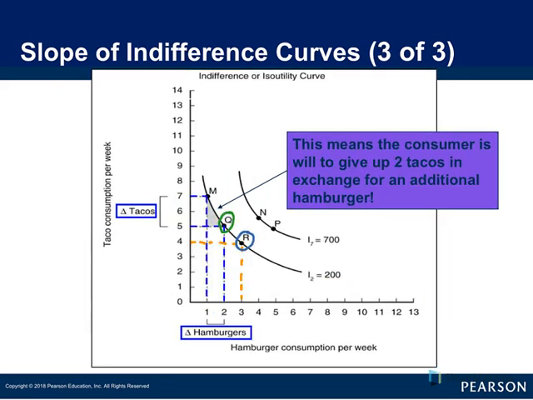And if you looked at it again differently, we can see there is a marginal rate of substitution going from point Q to point R. And the same mathematical equation would work out again.